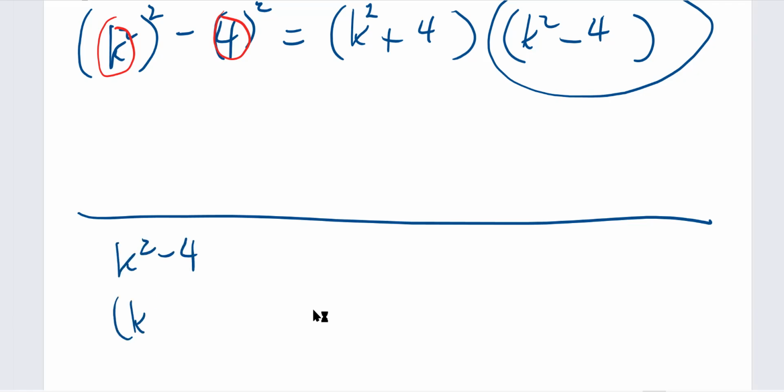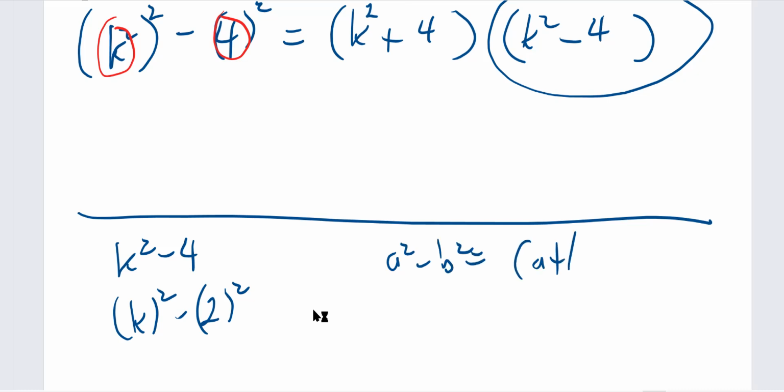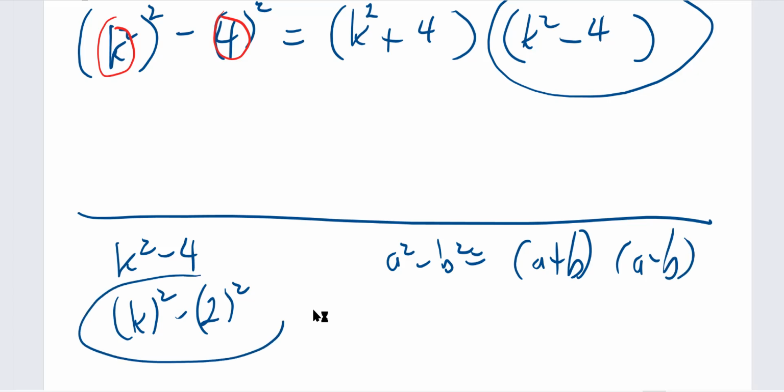Well, that is the square of k minus the square of 2. So again, it's a square minus a square, which factors as so. So this factors as k plus 2 times k minus 2.